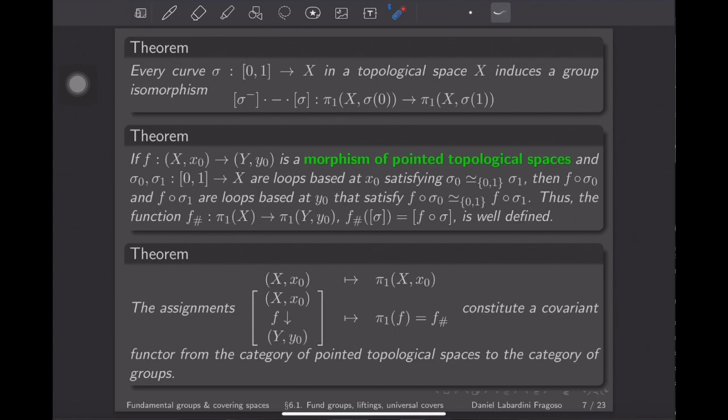But if I have a curve, then taking the fundamental group based at the start point of the curve, and taking the fundamental group based at the end point of the curve, they are isomorphic, and the isomorphism is given in terms of sigma, as you are seeing here.